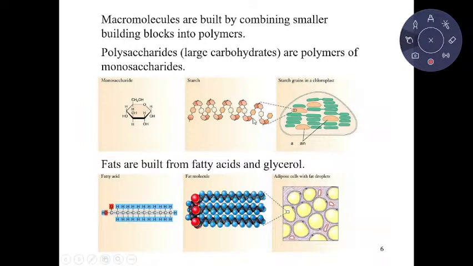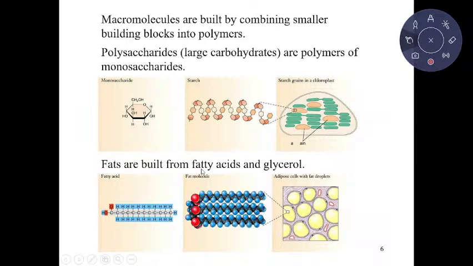This one is a starch molecule, and starch grains in a chloroplast. In the plant cell, chloroplasts will be present, right? So small molecules of monosaccharides are converted to a chain form, a polymer of monosaccharides, which is starch, and then it is locked in the chloroplast grains.